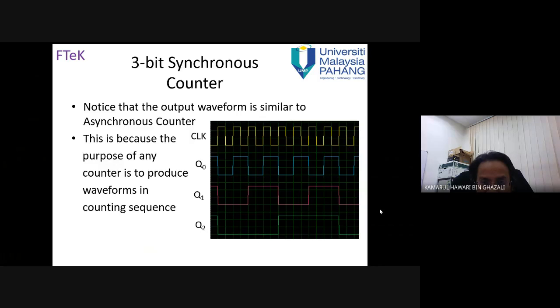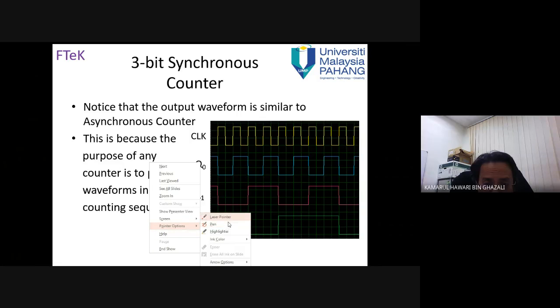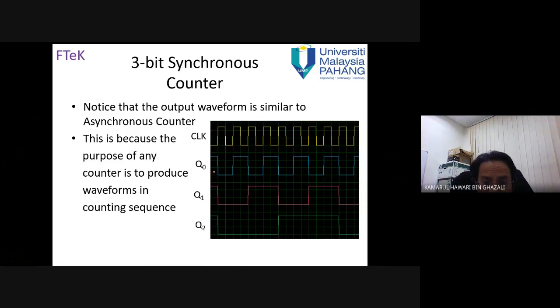And it has some advantages between the synchronous and asynchronous clock. If you look at the waveform carefully, try to understand how we get Q0, Q1, and Q2.